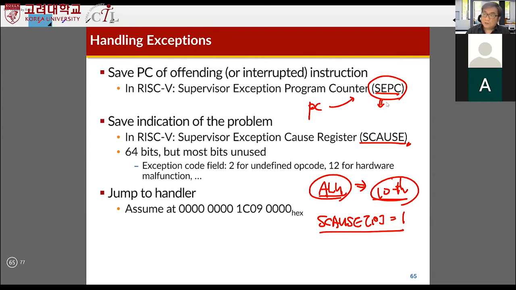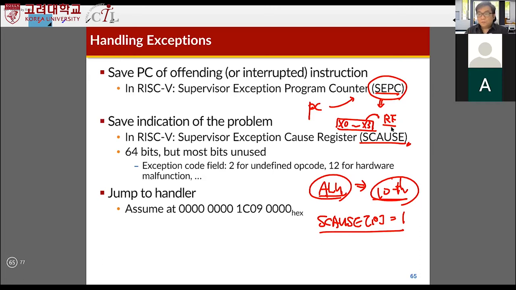In the pipeline processor or single cycle processor architecture, we learned about the general purpose registers, something like X0 to X31, and these registers' data is stored in the register file. So these are the general purpose registers.